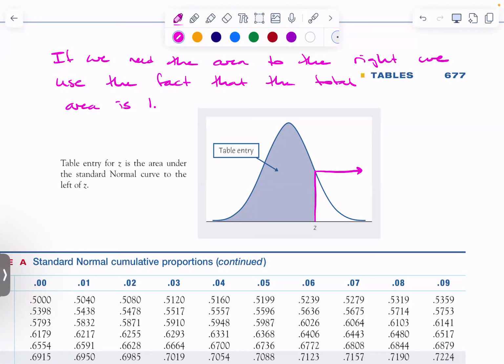I use this arrow up above so I'll be able to incorporate more areas like this. I'll remove that for cleanliness. But here, this area is 1 minus the area to the left.